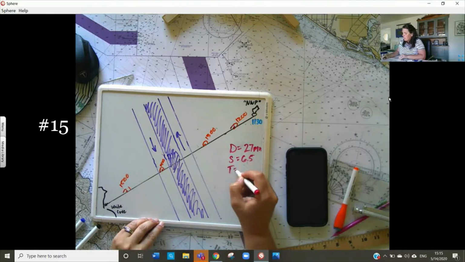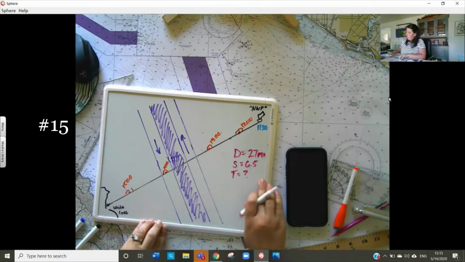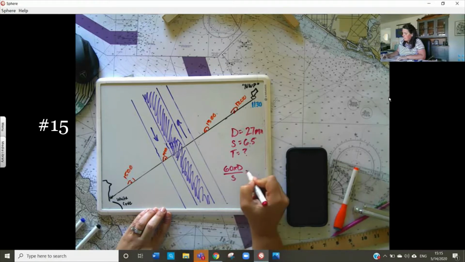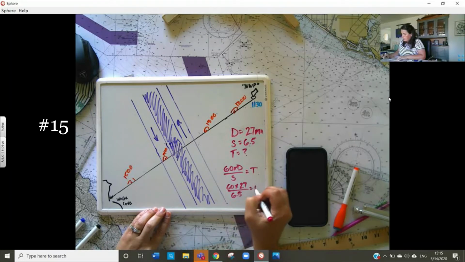How long will it take us? So we go to our 60D Street. I'll do the Formula 1 this time. So we have 60 times D divided by S gives us T. We have 60 times 27 divided by 6.5 gives us T.